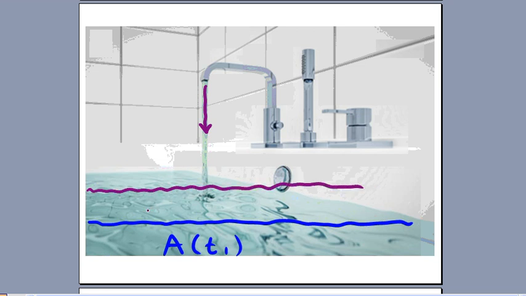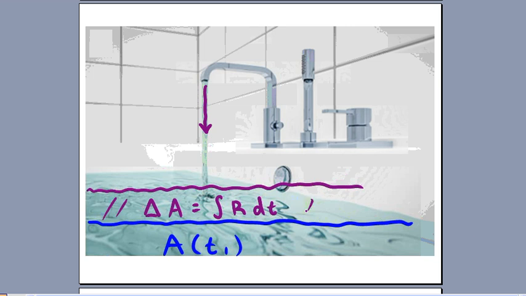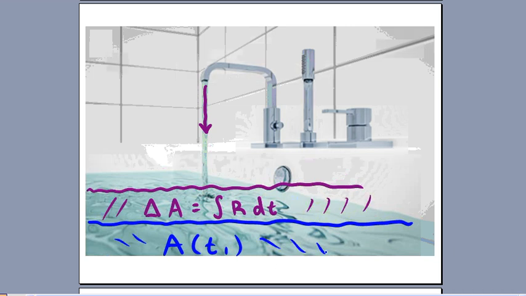And that added layer, that change in amount, would be the integral of the rate dt. Once you've added that additional amount onto the amount of water that was already in there in the first place, that's when you can find the actual final height, the final amount of water. So that'll be our SPAM method.